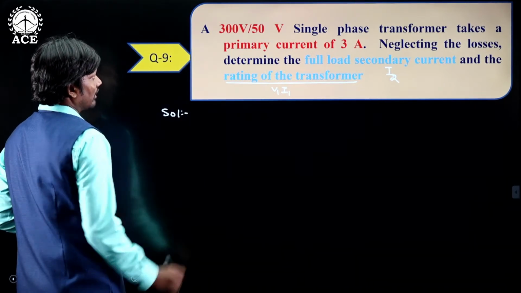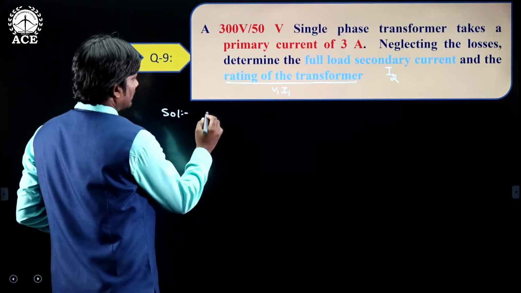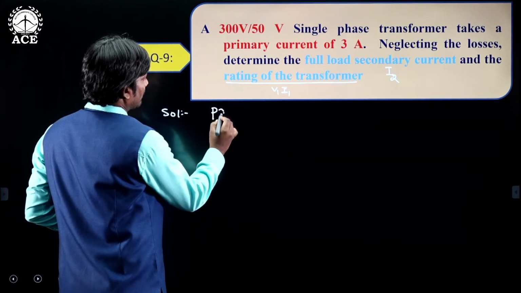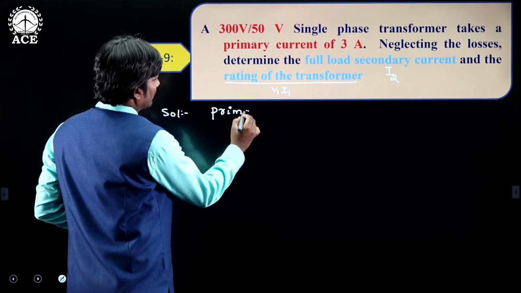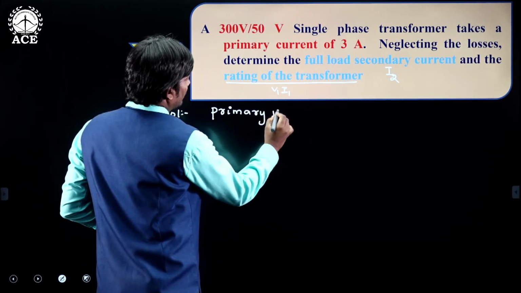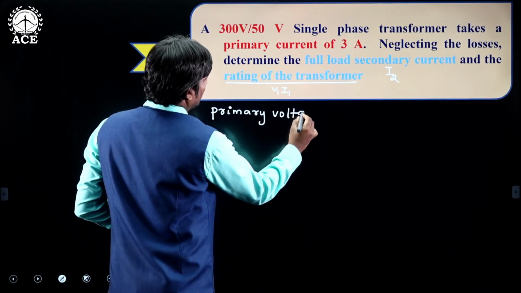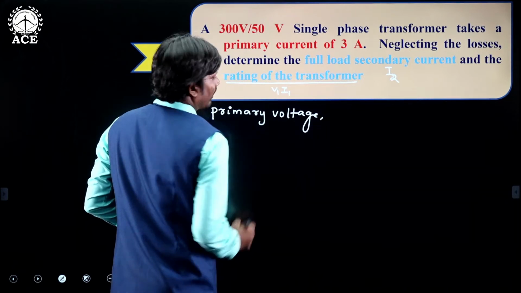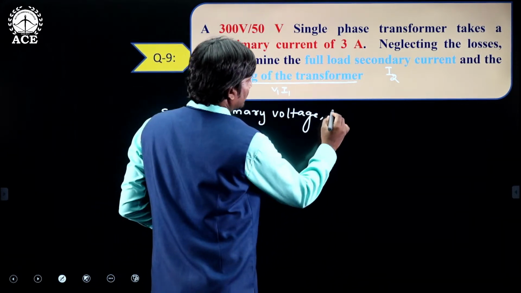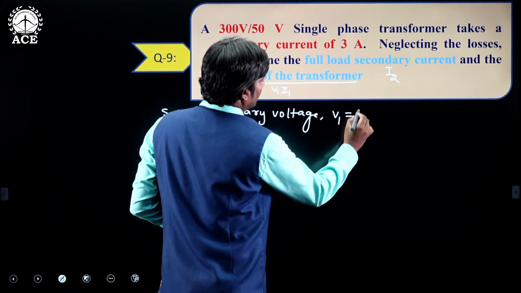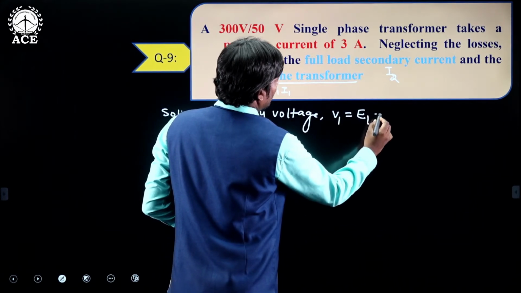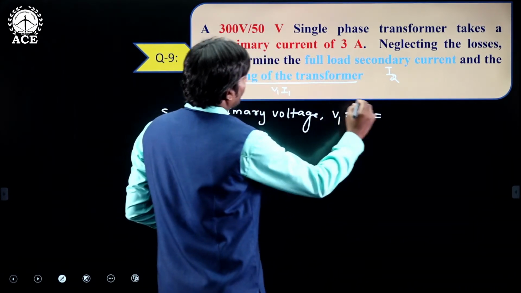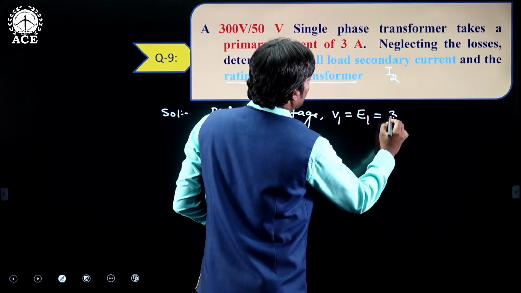Note down, write down the given data. Primary voltage V1, or we can say E1, is equal to, no losses, that's why, 300 volts.